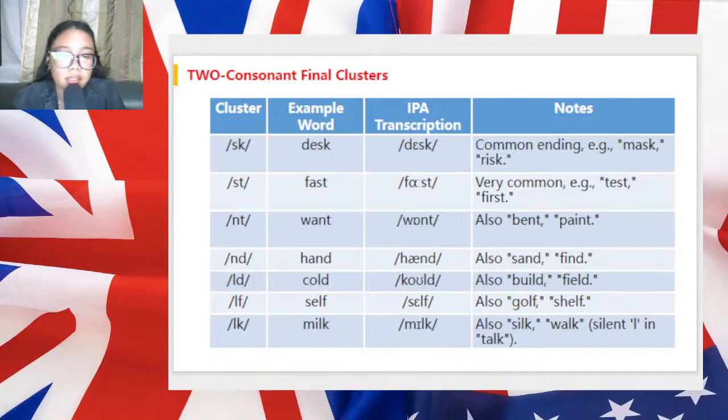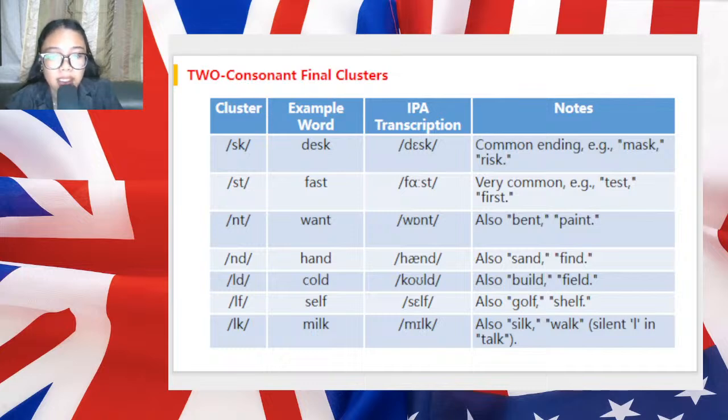Say want. Again, want. All right, very good, everyone. Next is bent. Again, bent. Excellent. Next and last, paint. Again, paint.